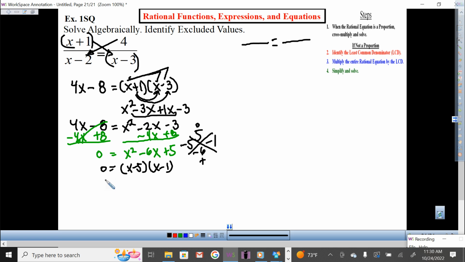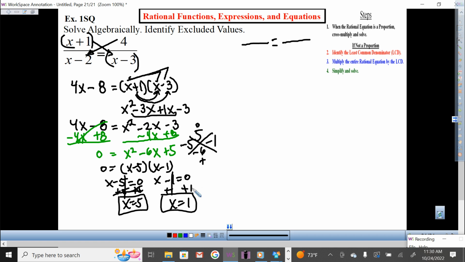So what do I write? Let's go from the corner. That is correct. Set each one equal to 0 and solve. Plus 5 plus 5, x equals 5. Plus 1 plus 1, x equals 1. And we're done.